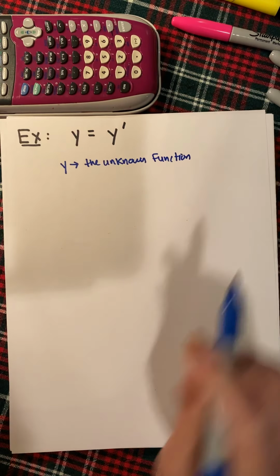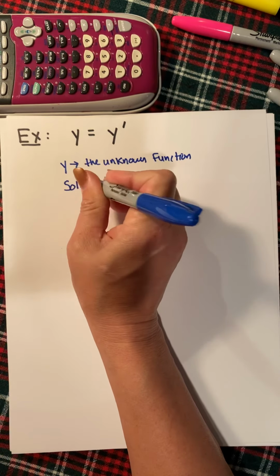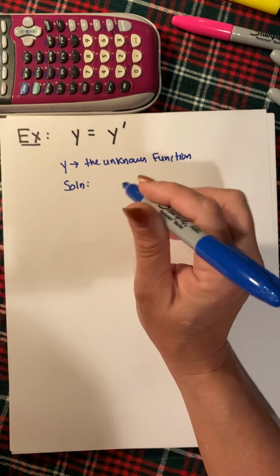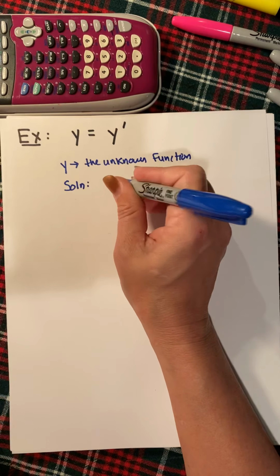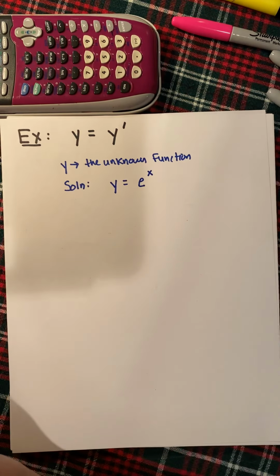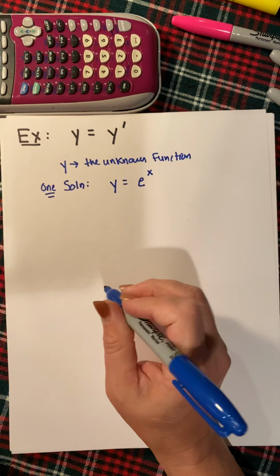And can you think of a function whose derivative is itself? So this is just a matter of thinking back to our calc days and derivatives. How about y equals e to the x? So this is actually one solution. Right?